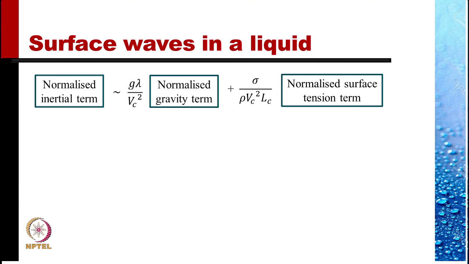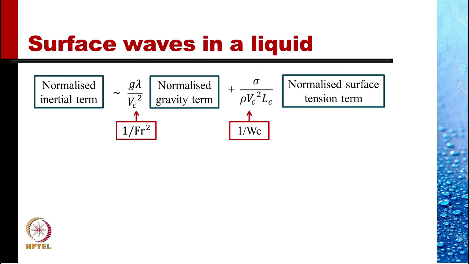The normalized gravity force would have g lambda by Vc squared as its coefficient, and the normalized surface tension force would have sigma divided by rho Vc squared Lc as its coefficient. The first is recognized as 1 over Froude number squared, and the second is recognized as 1 over Weber number.